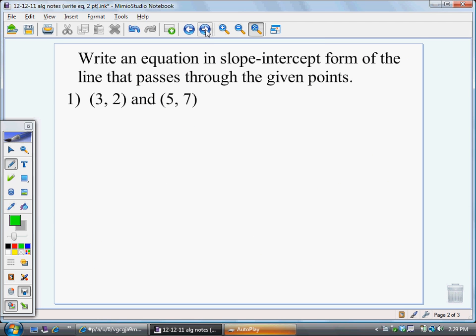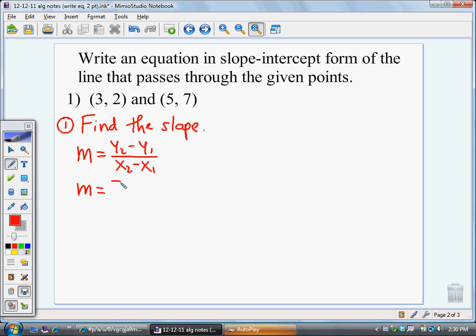The directions would say, write an equation in slope-intercept form of the line that passes through the given points. So the first thing you need to do, step 1, find the slope. Use the formula, y sub 2 minus y sub 1 over x sub 2 minus x sub 1.